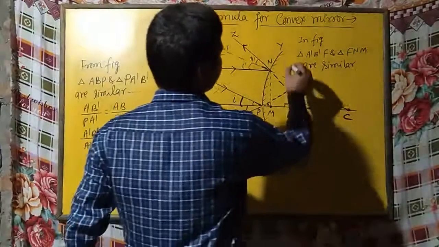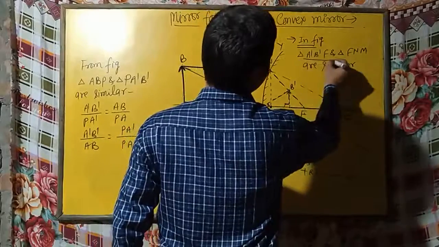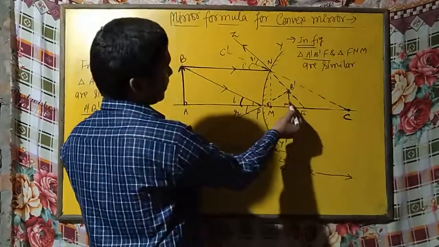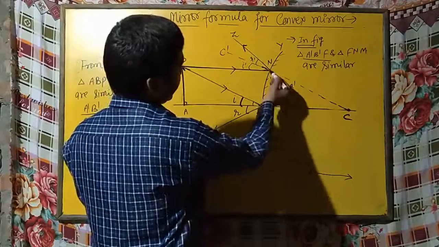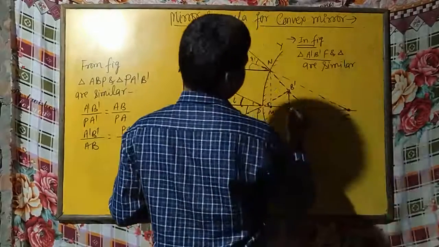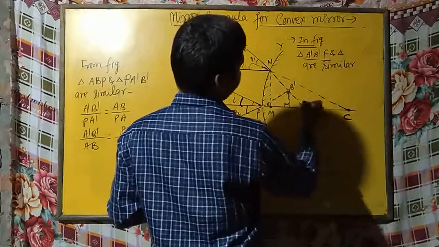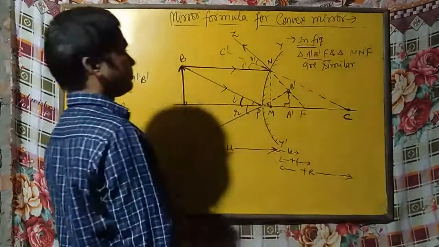Okay, so you can see we are going to now proceed here. In figure, these two triangles, A'B'F and FNM, are similar.